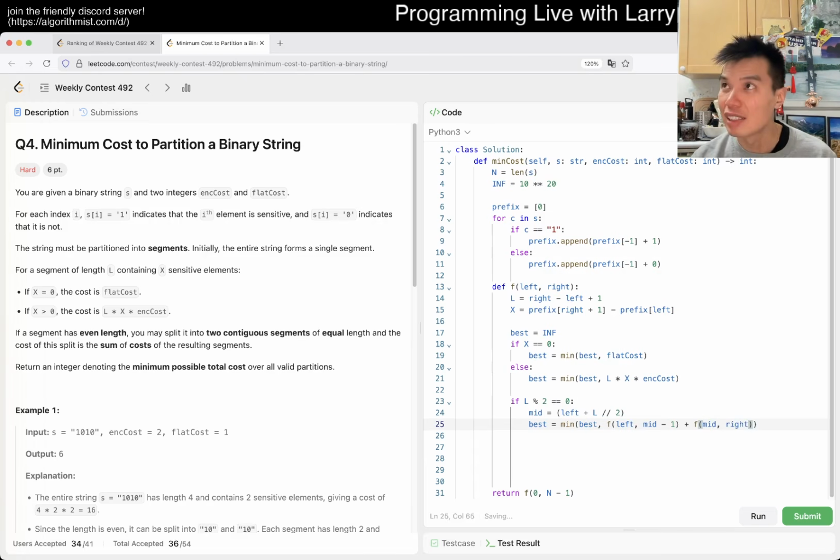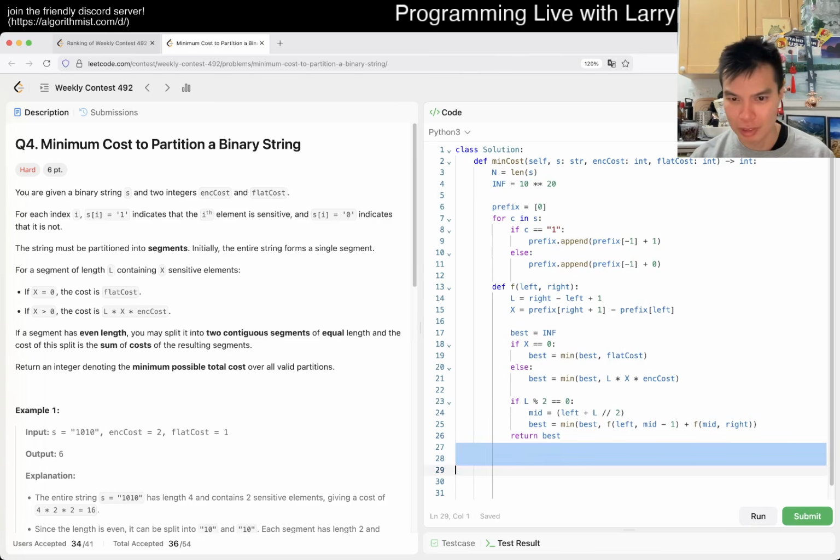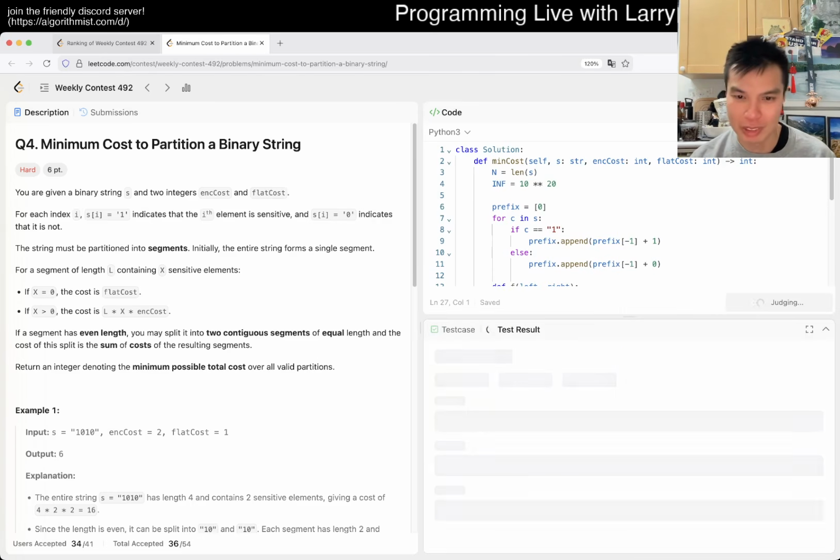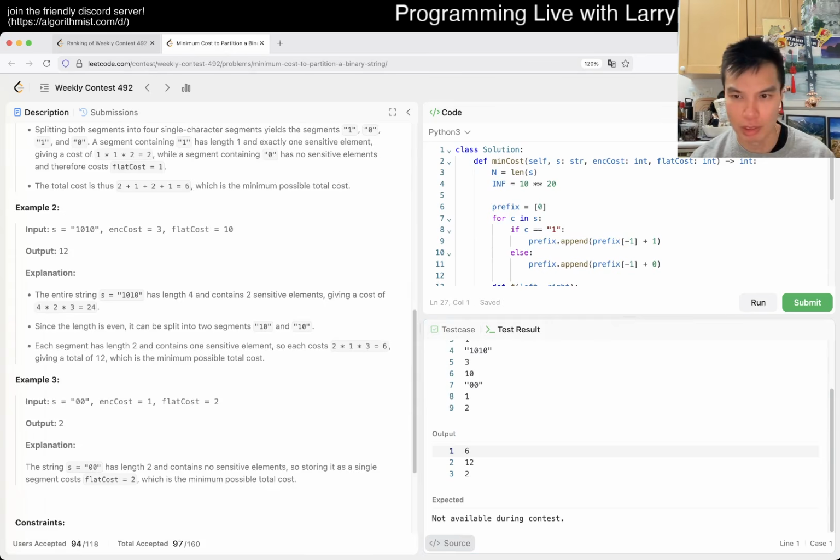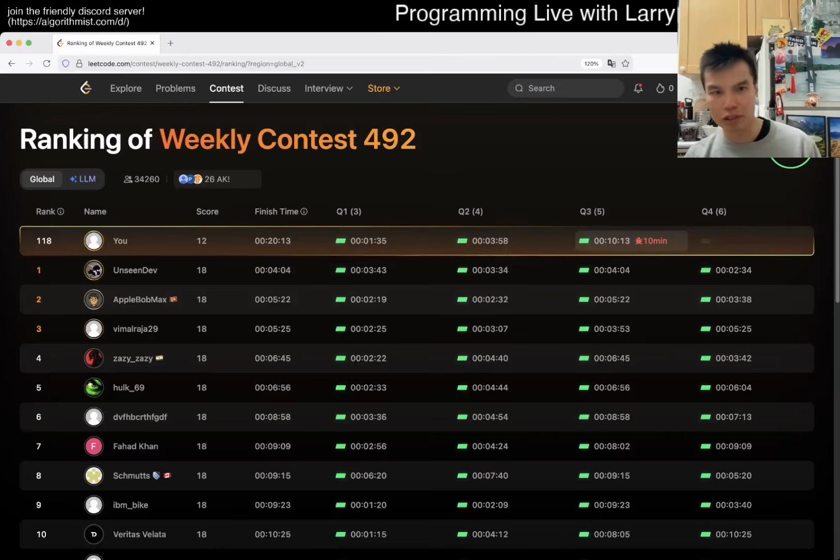Let's see, 9, 4. This should be right. Maybe. I don't know. This is such a weird problem. Well, it's not weird. It's just that they don't really tell you what's going on here, right? It's just such a weird problem.